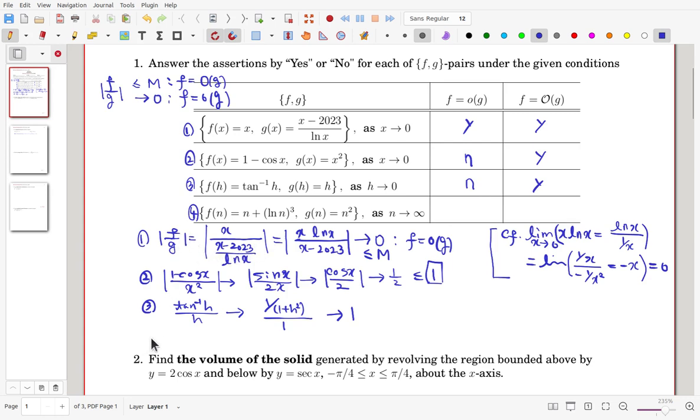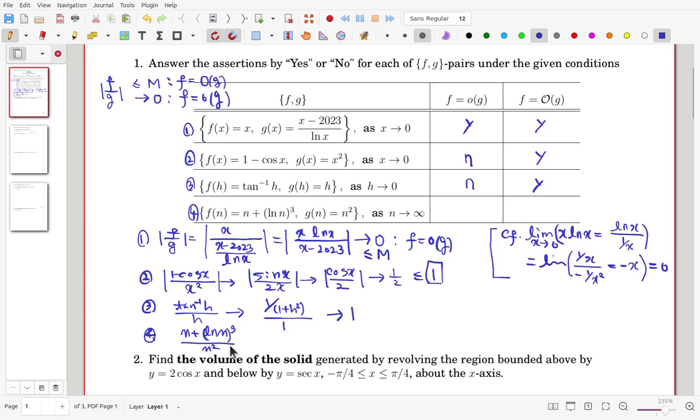And how about number 4? For this one, same way, you start with the fraction. This time n approaches infinity, so we start with f_n, that's (n plus logarithm n) cubed divided by n squared.